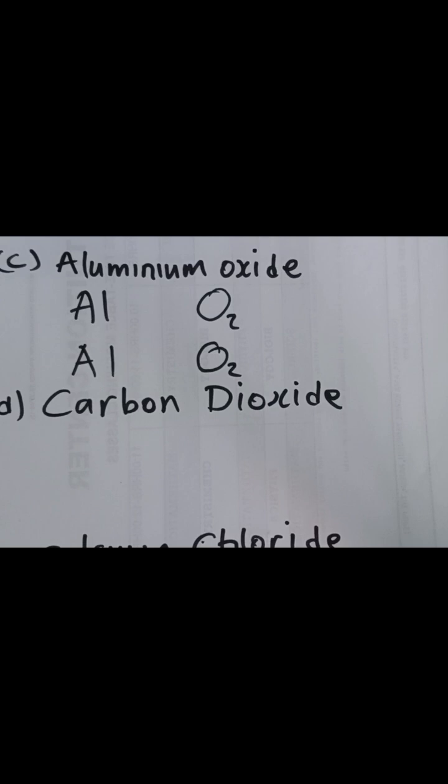So how do you determine the valence number of a metal? The valence number of a metal is simply its group number. So let us check the group where aluminium is coming from. Aluminium is coming from group 3.